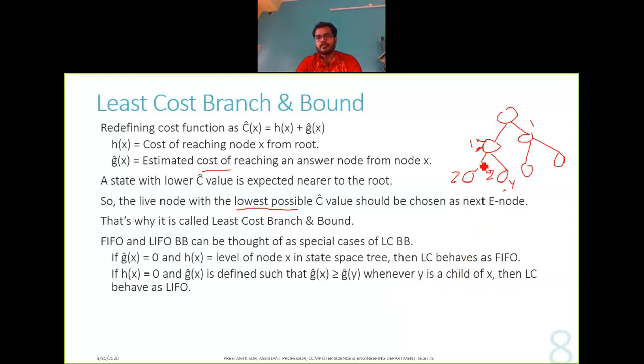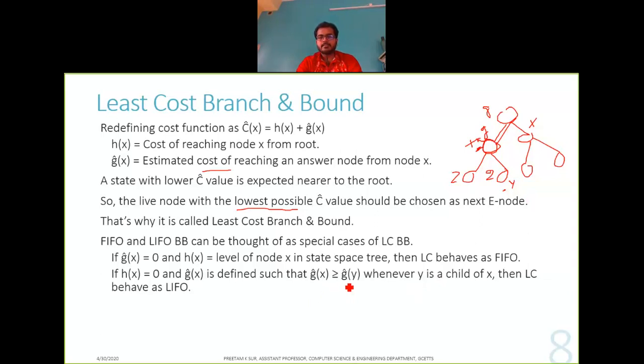So if you do not consider the level value, and you only consider the estimated value, what will happen? Suppose a child is generated for this node. The root will have a g value which is higher than its child's. Saikat is asking why the equal to comes in.